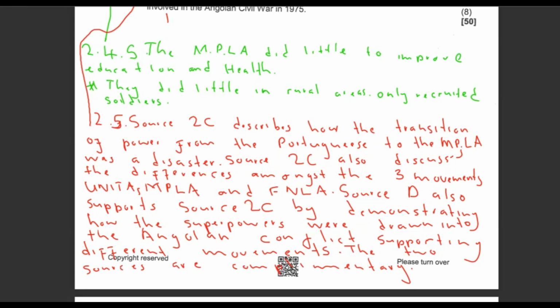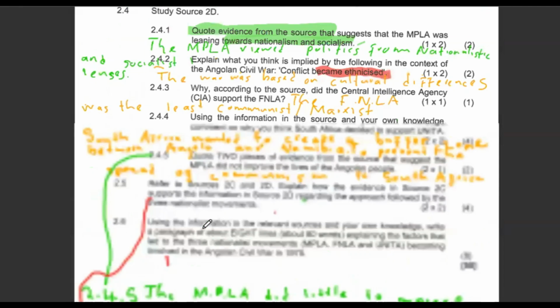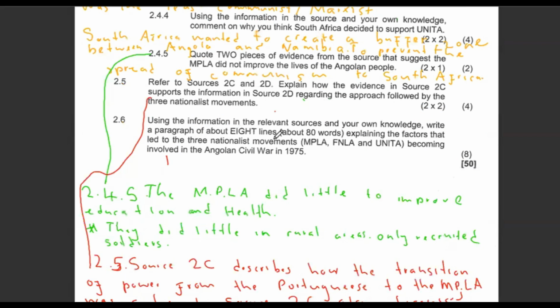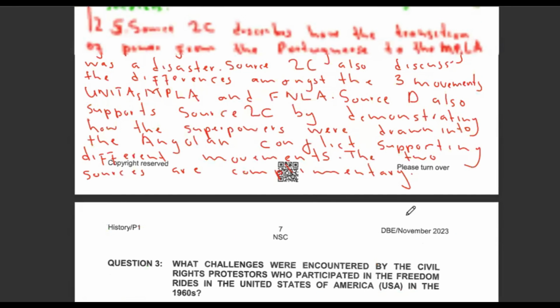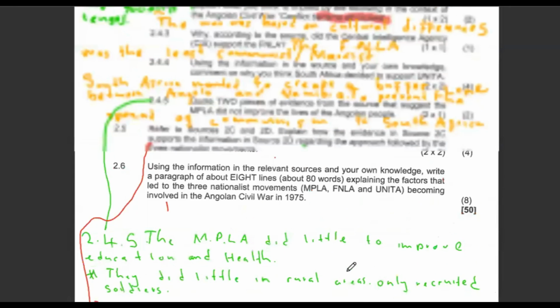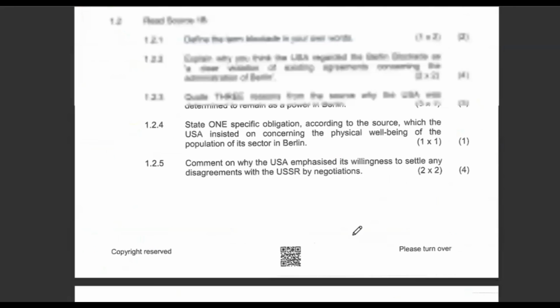Now, going on to the next question, which is a paragraph question. Using the information in the relevant sources and your own knowledge, write a paragraph of 8 lines explaining the factors that led to the three nationalistic organizations, MPLA, becoming involved in this Angolan civil war. All right, this question is actually a paragraph question which needs much more ample space.